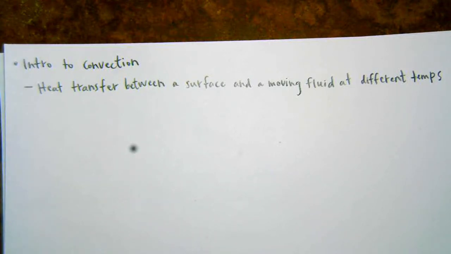And it's important when you're talking about convection to differentiate between the bulk macroscopic motion of a fluid and the microscopic motion, which we had talked about previously, which is just the little atoms and molecules moving around.